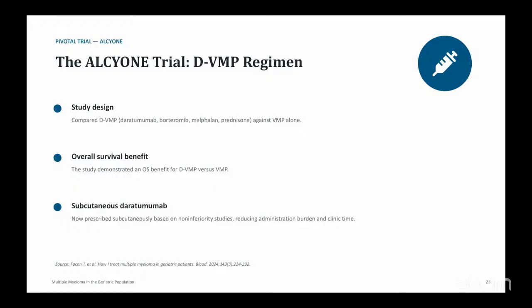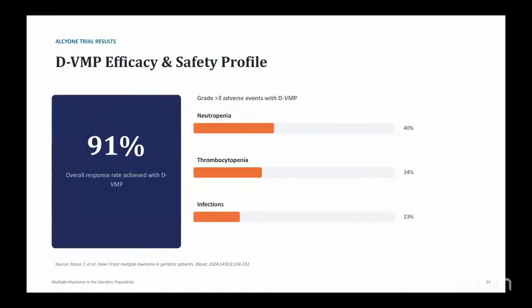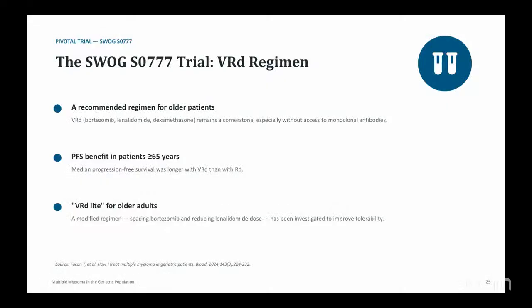Additionally, it explored the addition of subcutaneous daratumumab, which helped reduce clinic burden and travel strain for older adults. In this study, the DVMP combination achieved a 91% response rate, but it carried clinically significant adverse events as well, and that included neutropenia, thrombocytopenia, and infections.